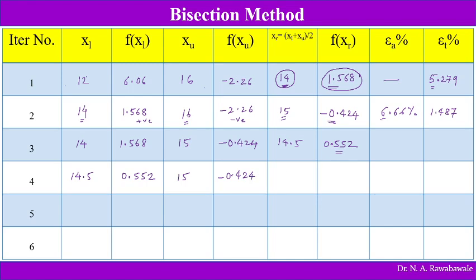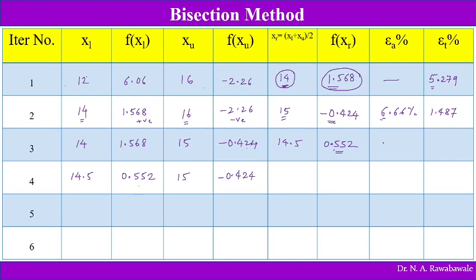You must remember, if this is positive then these two numbers will go in the first column. If this is negative, then these two will come into the second set. So here it was negative, so this is going to replace the upper limit. This is positive, so it is replacing the lower limit.